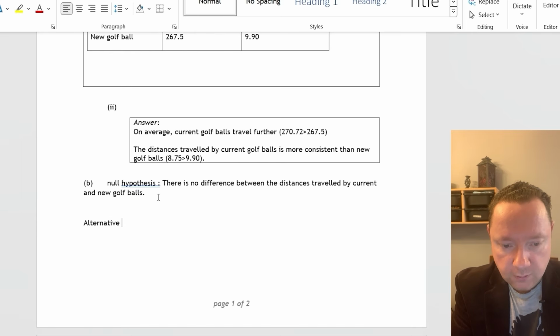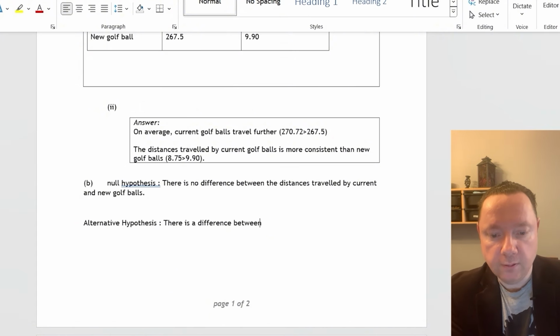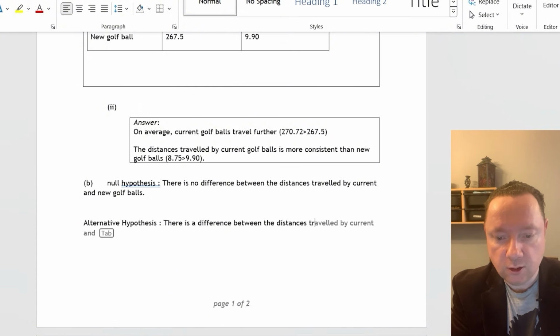Alternative hypothesis. There is a difference between the distances travelled by current and new golf balls.